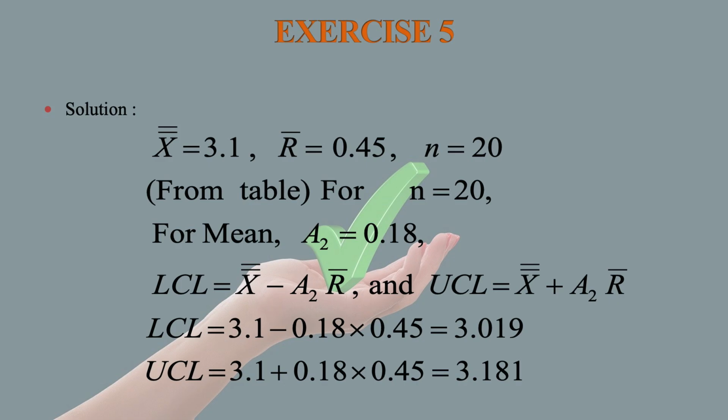For this case, LCL equal to 3.1 minus 0.18 multiplied by 0.45, that comes out to be 3.019, and UCL, that is upper control limit, equal to 3.1 plus 0.18 multiplied by 0.45 equal to 3.181.